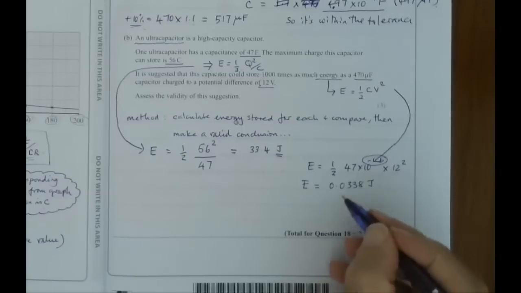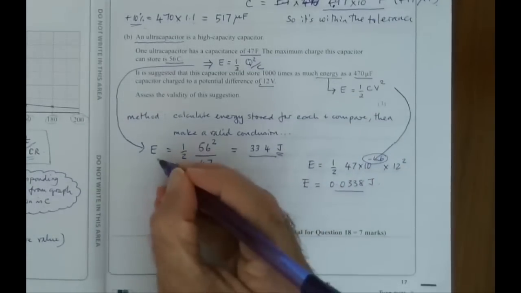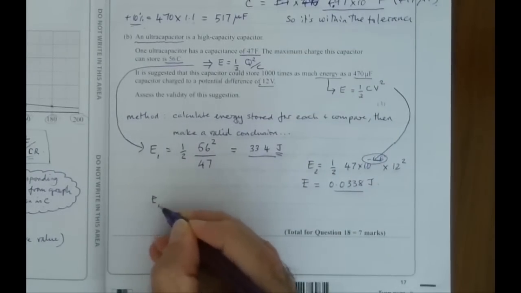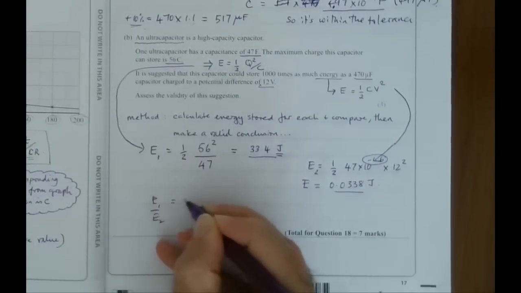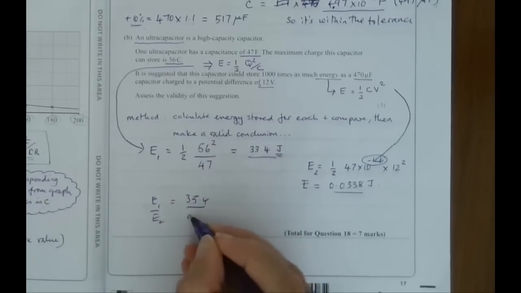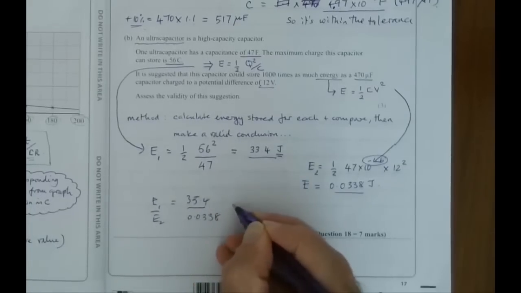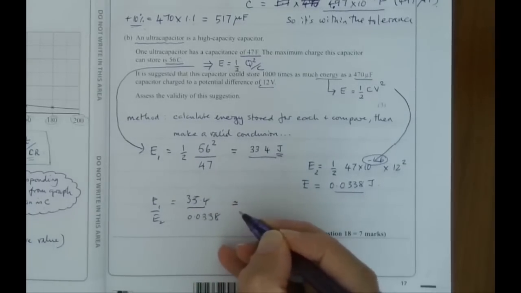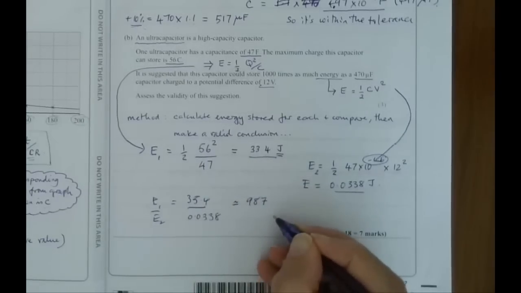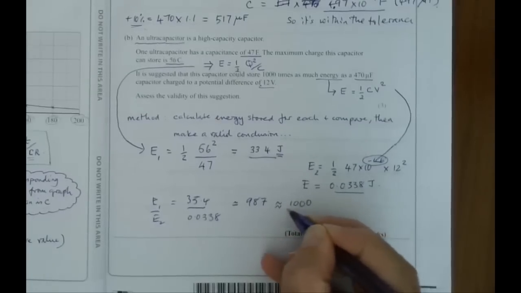Okay? Now you want to divide this energy by that energy. So E1 divided by E2. So E1 over E2 is 33.4 divided by 0.0338, which comes out to approximately 987, which is approximately equal to 1000.